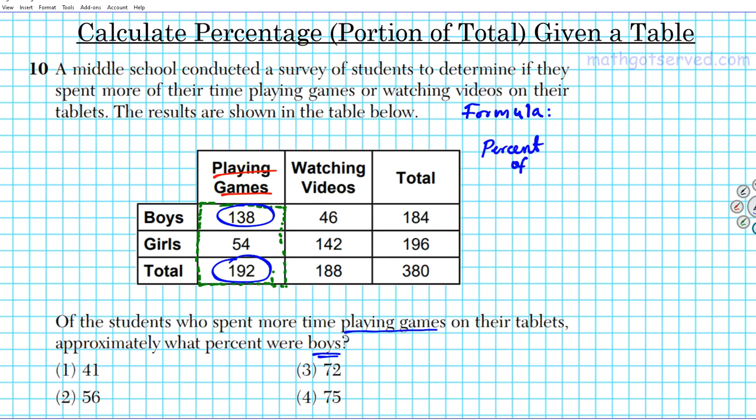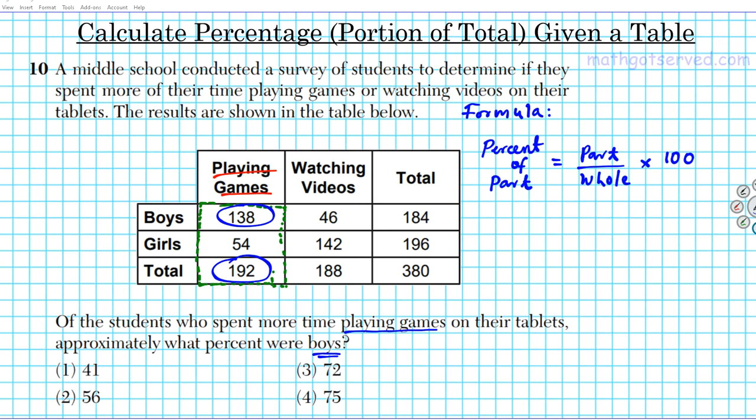Percent of part is going to be computed by dividing the part or the portion by the whole, which is the total. This will give you the fraction of that part considering the whole, and when you multiply it by 100, it will convert that fractional part into percentage format.